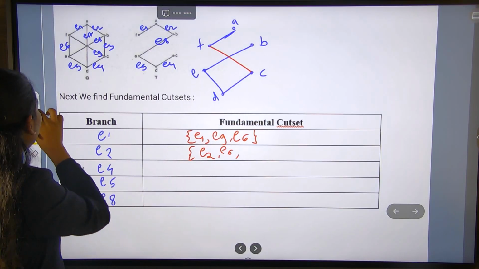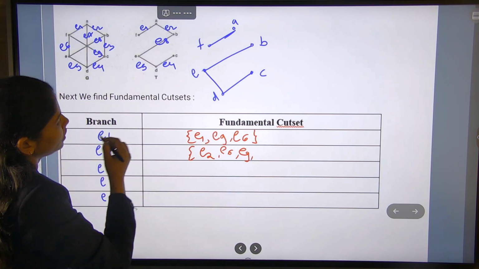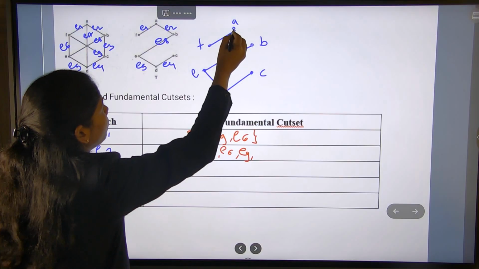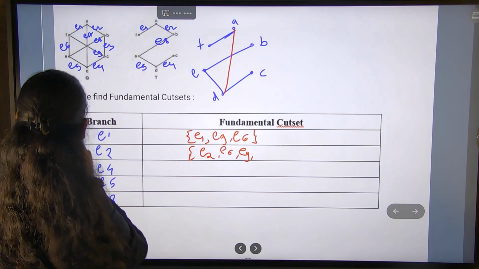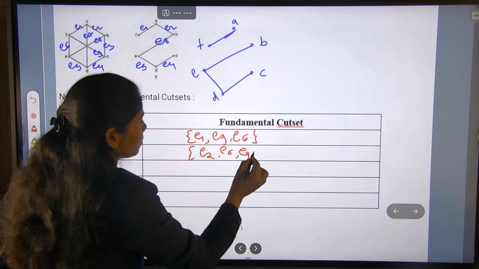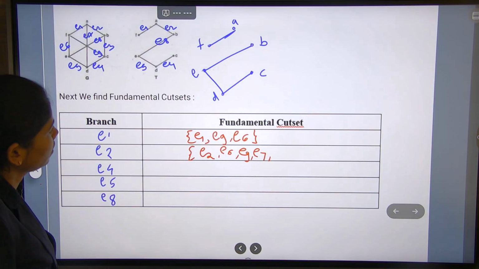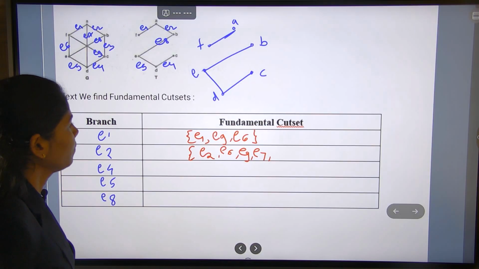Therefore write down E9. Then if we join E7, we get the connected graph. So write down E7. I think that's it: E2, E7, E6, E9. Okay, that's done.